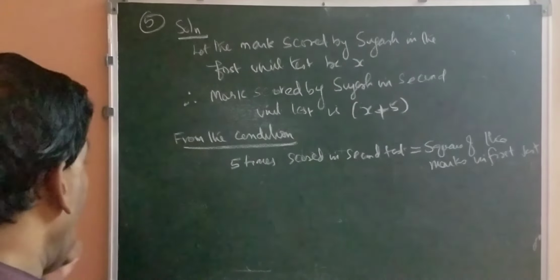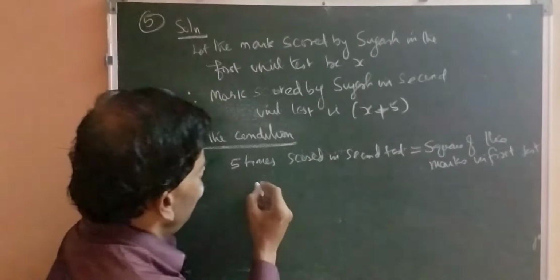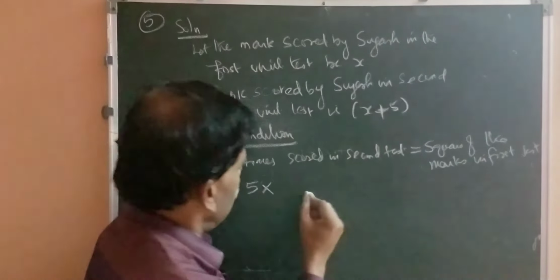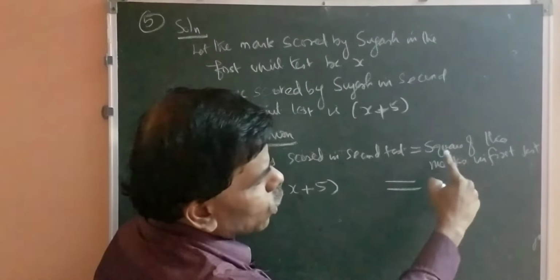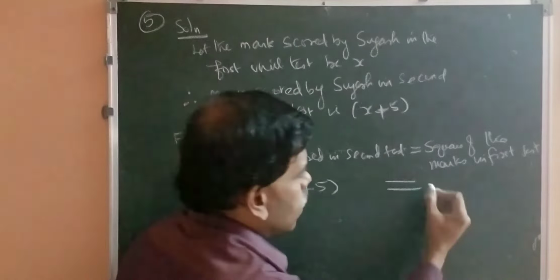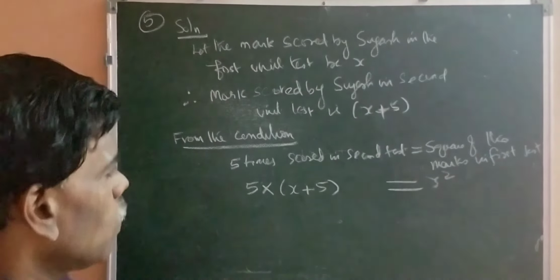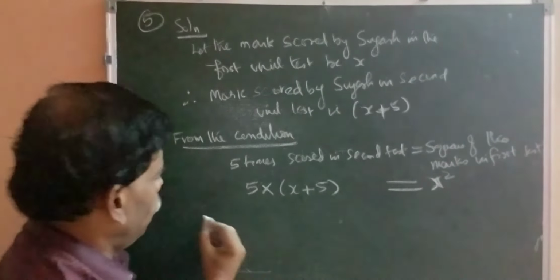Okay. Times means what? Multiplication. So 5 into the marks scored in the second test, x plus 10, equal to the square of the marks scored in the first test, x square. Very simple. So I will change the side.